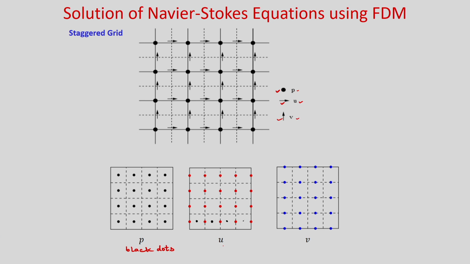So, at the face you are solving u velocity. And when you are solving v velocity, you are solving at the horizontal face. So, if these are pressure, then v you are solving at the blue dots, and you have different cells for p, u and v.